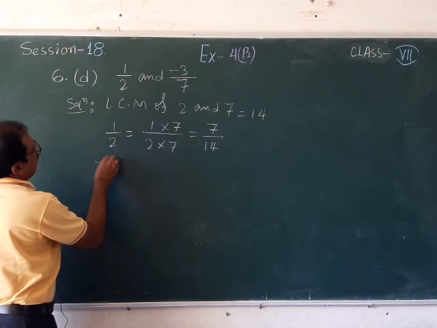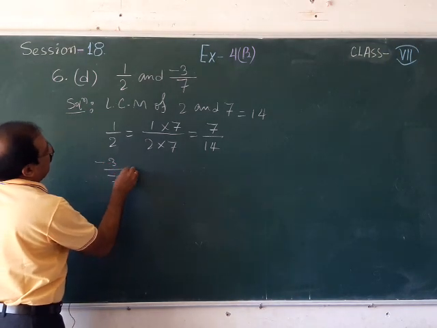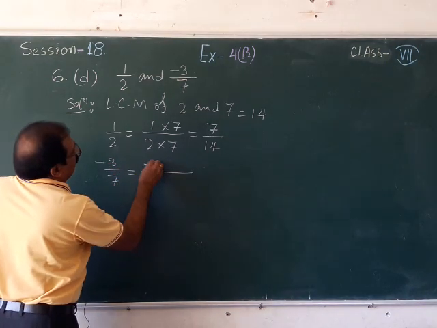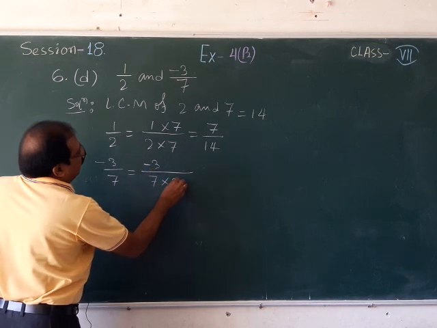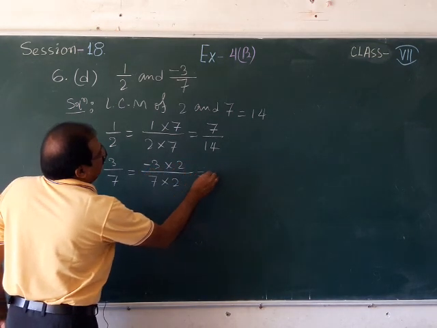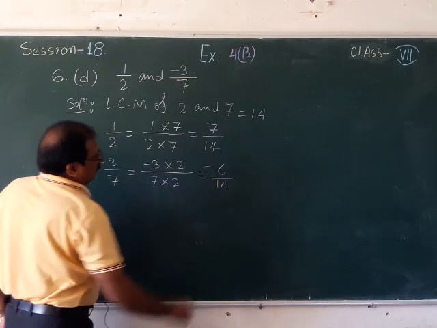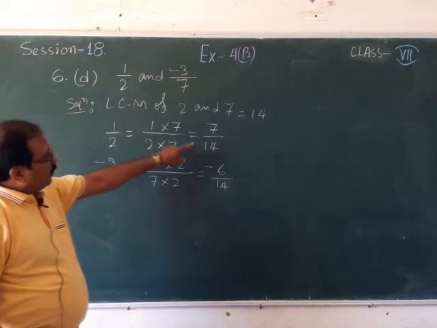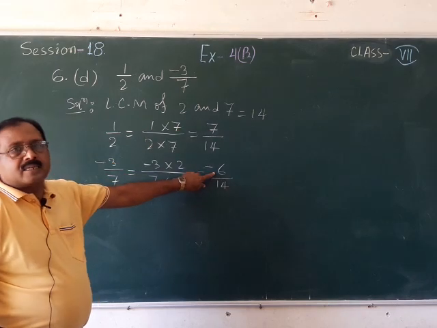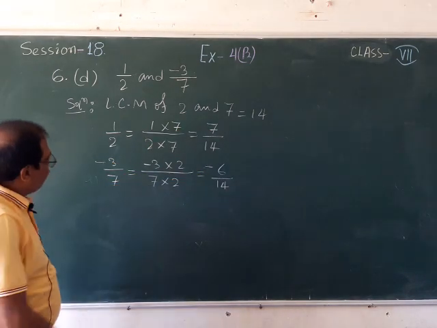Another fraction is -3/7, which also can be multiplied by 2, and here you get -6/14.